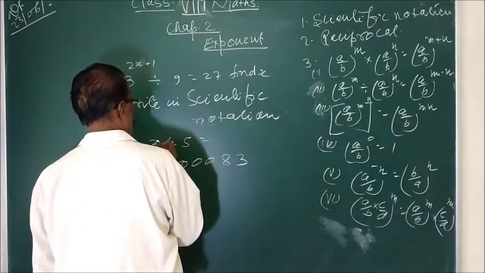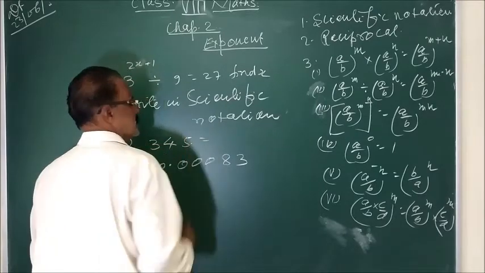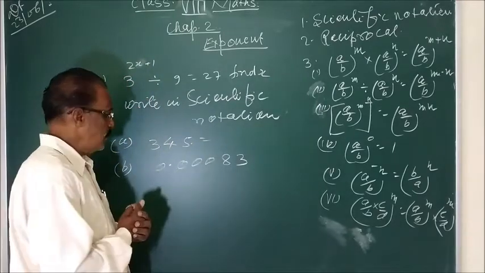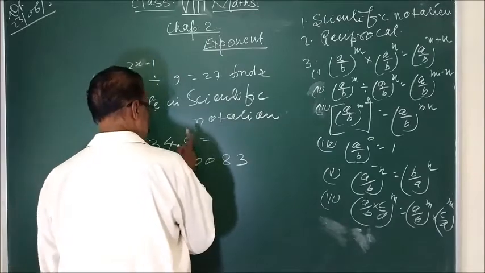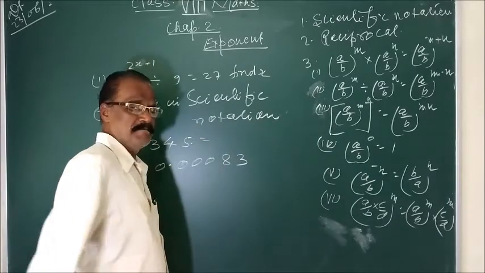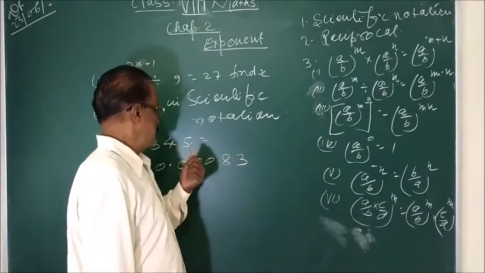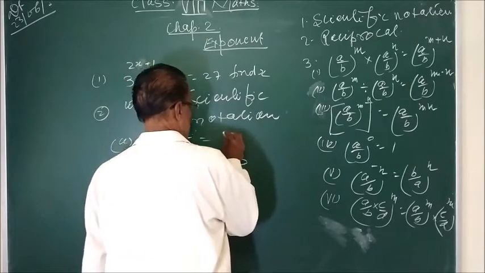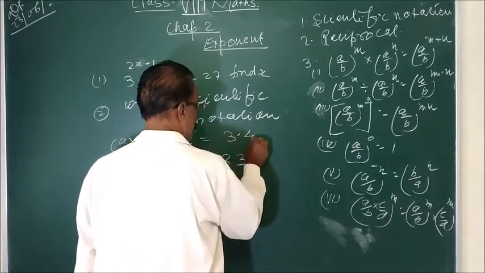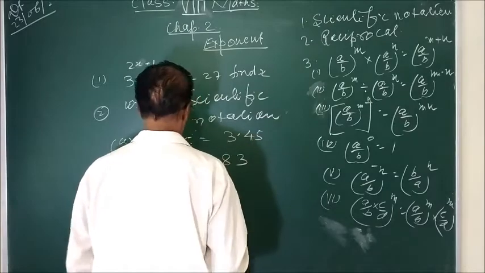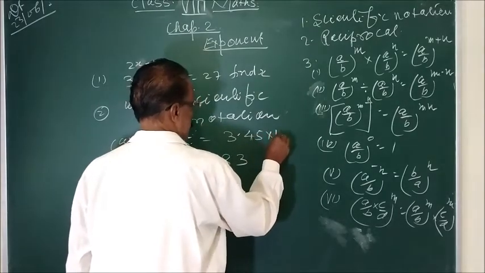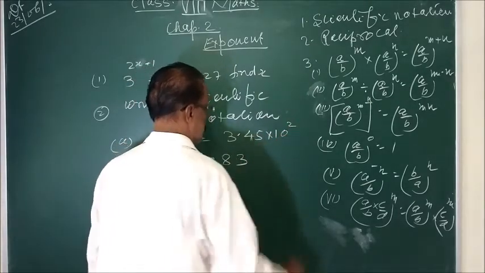Now the point is here, 345.00. This point should be shifted 2 places to the left side. So you will write 3.45, and this will be 100, that means 10 square.